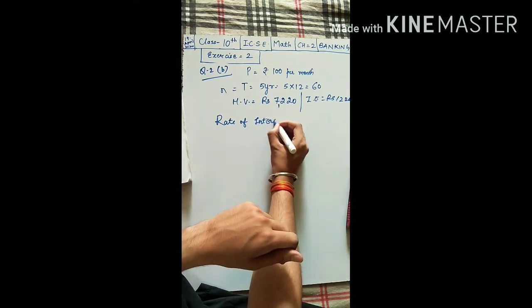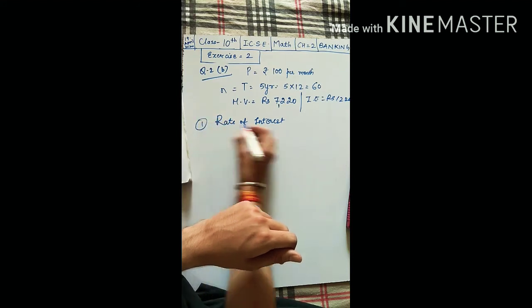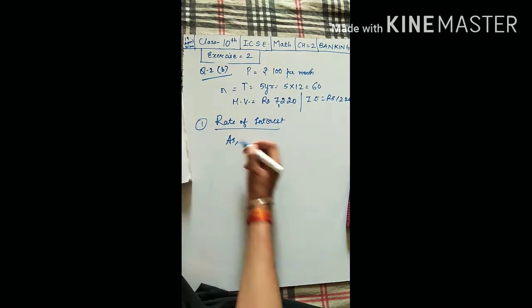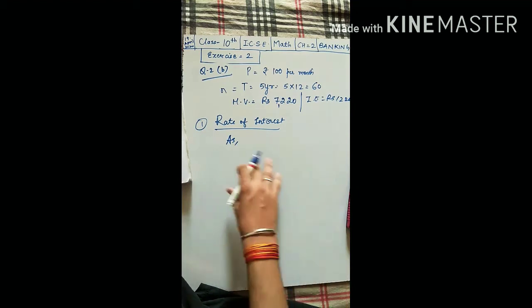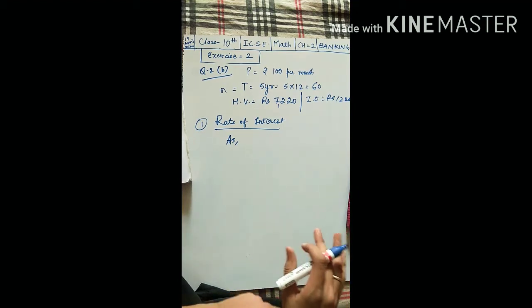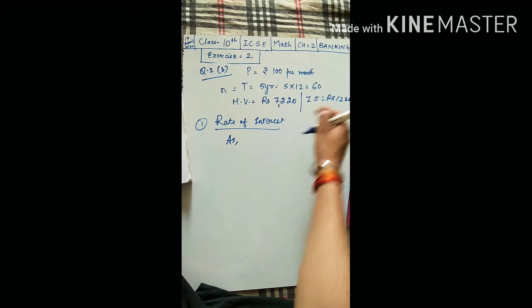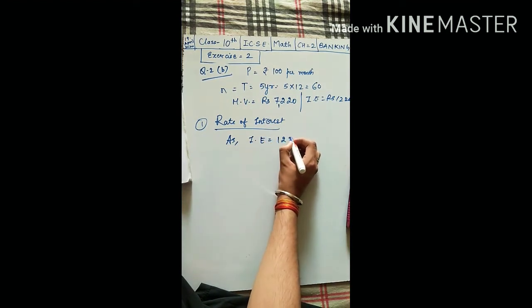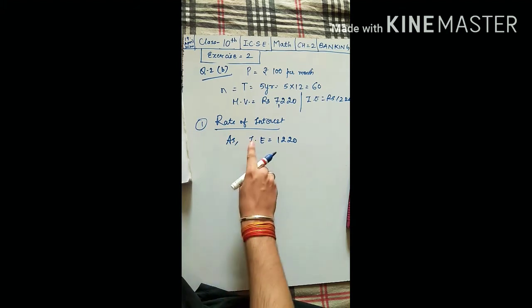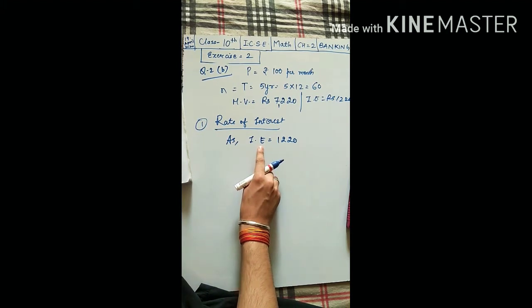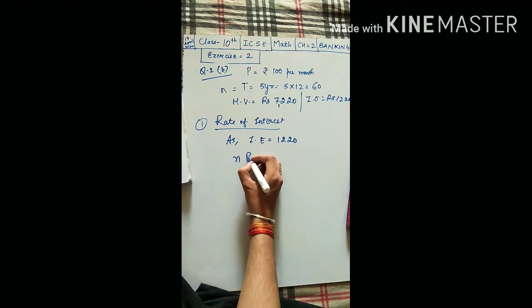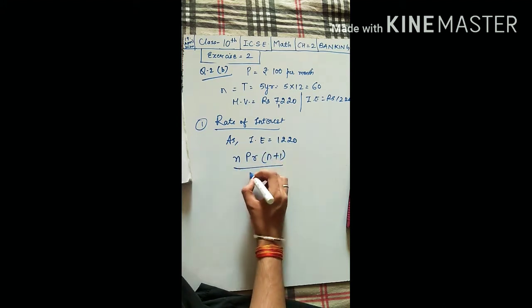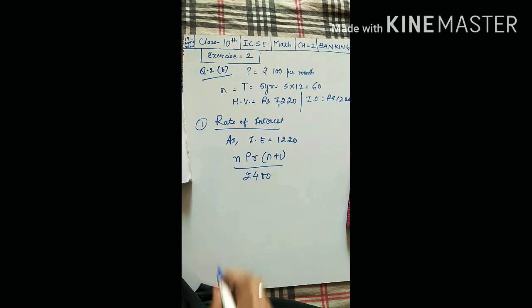Rate of interest is the first point we have to find. Interest earned, we have the formula with us, that is n p r into n plus 1 upon 2400.